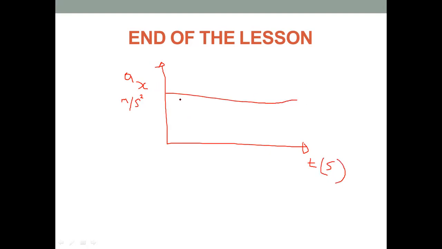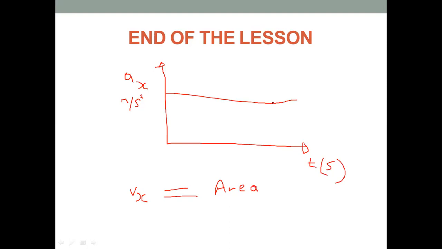Now if you want to work out a velocity in an acceleration-time graph, you need to know that velocity will be the same as the area under the acceleration-time graph.